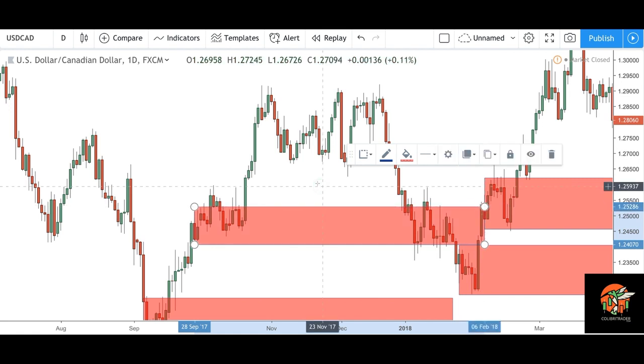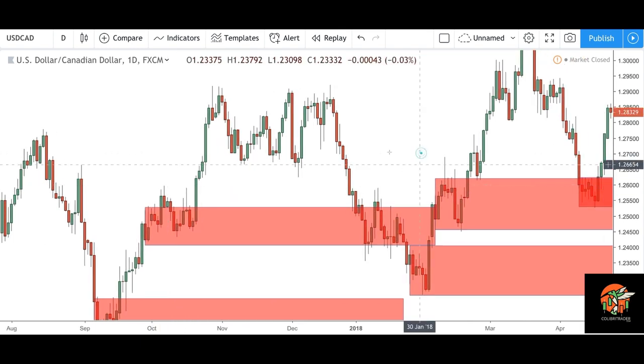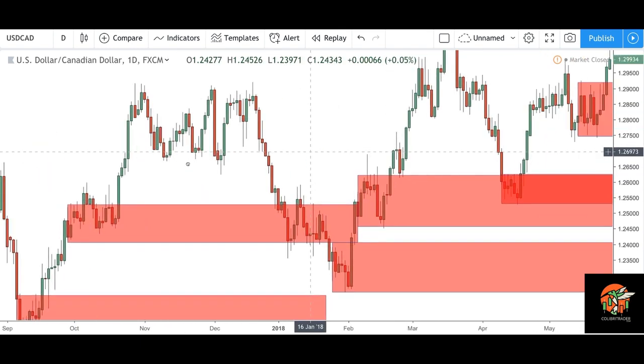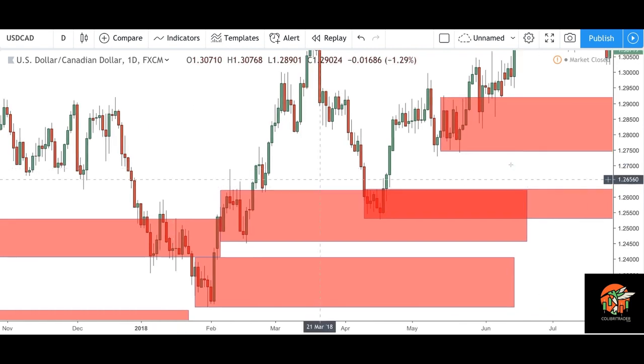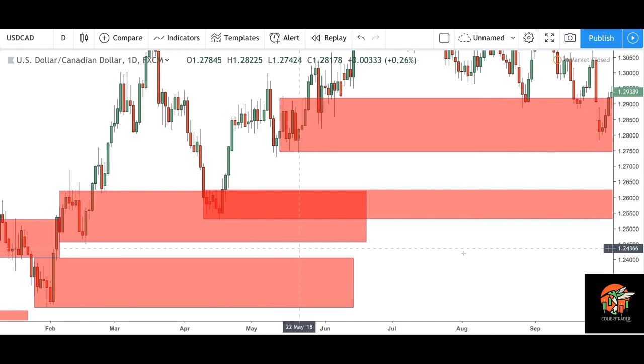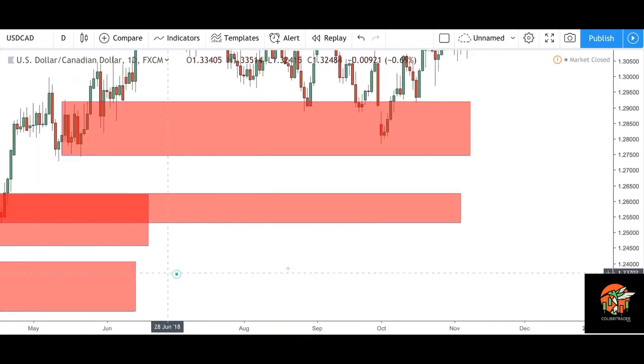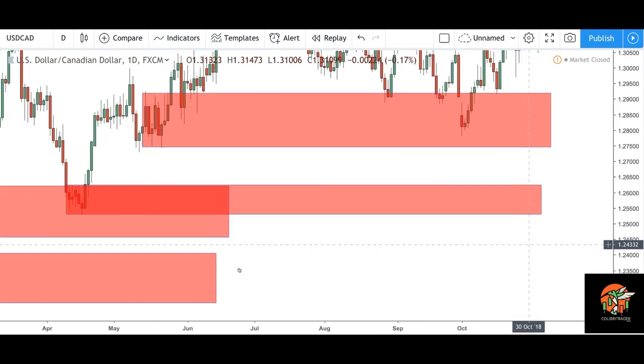You can see lots of those demand and supply zones. They're actually coinciding with the other ones. If you just extrapolate those levels to the right of the chart, you're going to see quite a lot of coincidences, places on the chart where these levels coincide with future supply and demand zones.